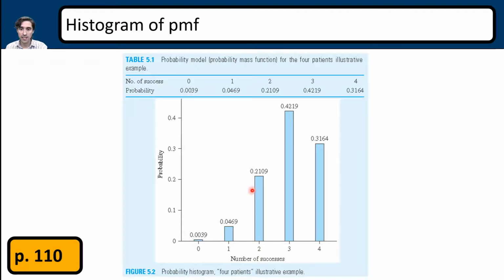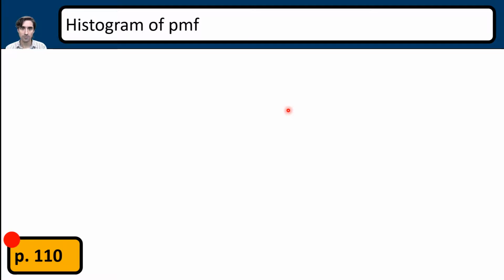The complement of each of these not happening is 1 minus the number. So, for example, the chance of this one is 0.4219. If I do 1 minus 0.4219, then I would get the complement of 3 successes.